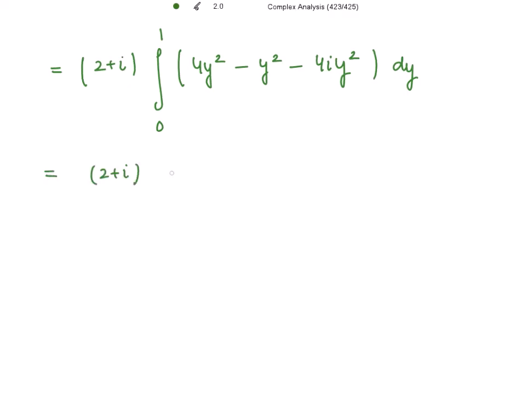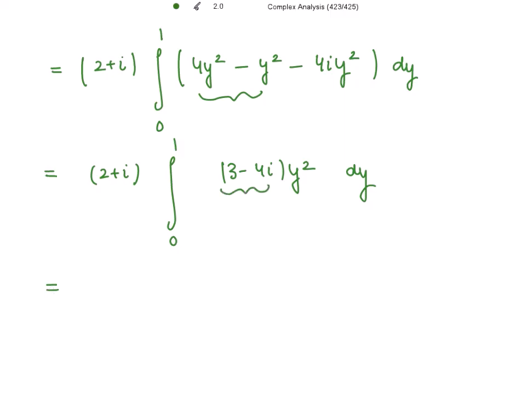2 plus iota, (4y square minus y square) is 3y square minus 4 iota y square. If I take y square common, I get 3 minus 4 iota y square, limits from 0 to 1.